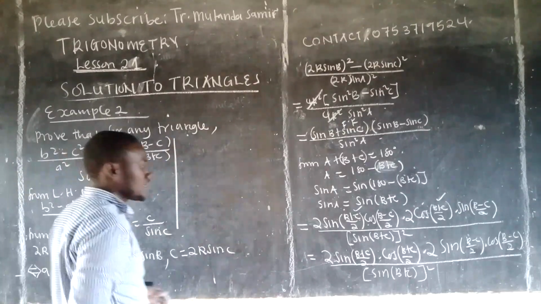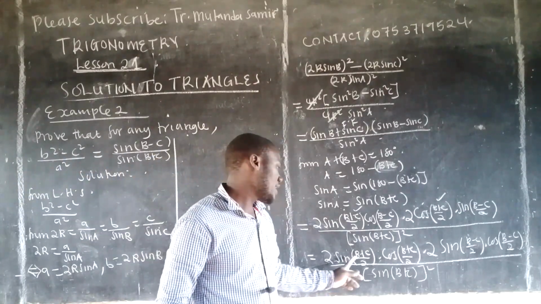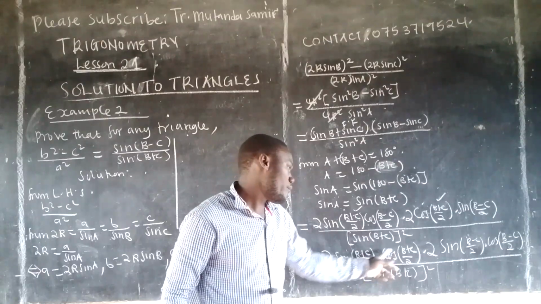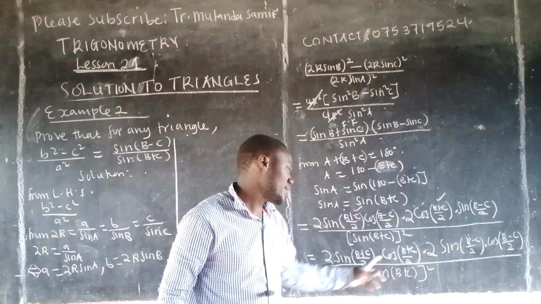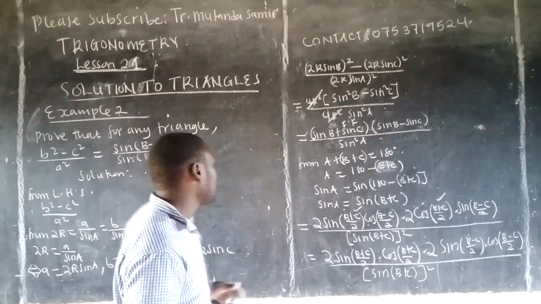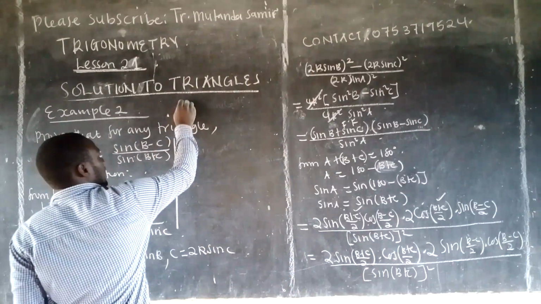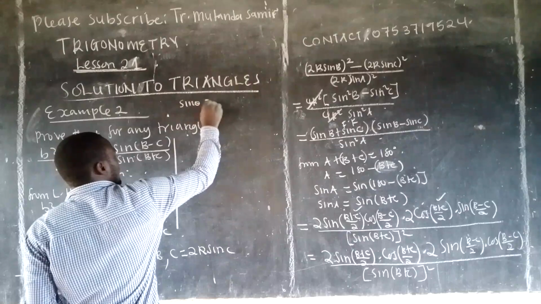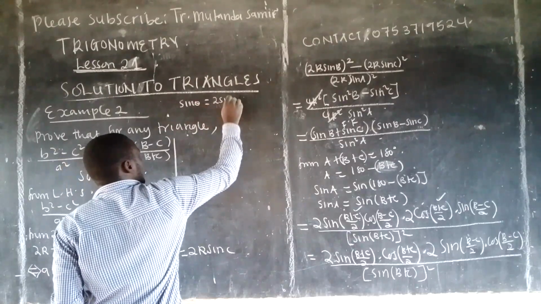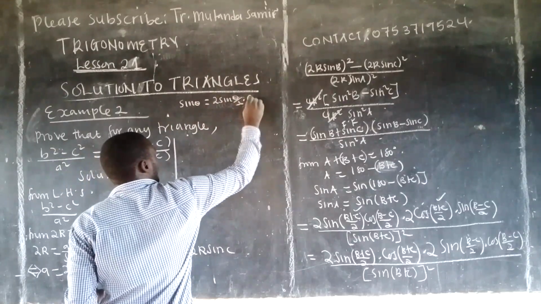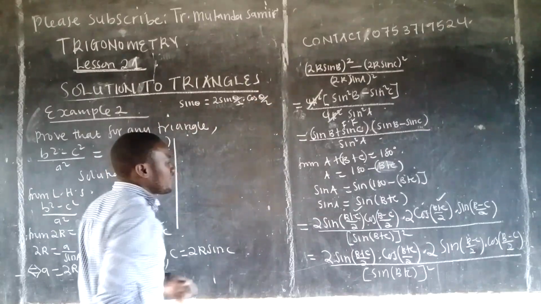Now that means that when you look at this, 2 sine (b plus c) over 2 is 2 sine cos. It implies that sine theta will be the same as 2 sine (theta over 2) cos (theta over 2). That's what you're having here.